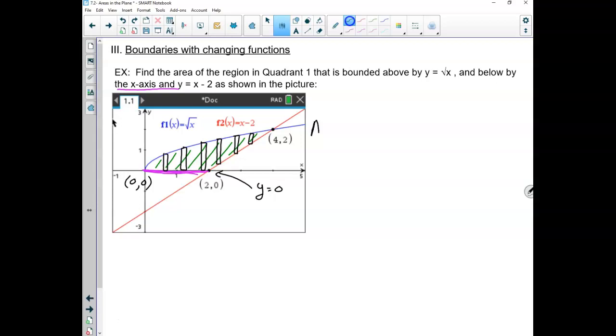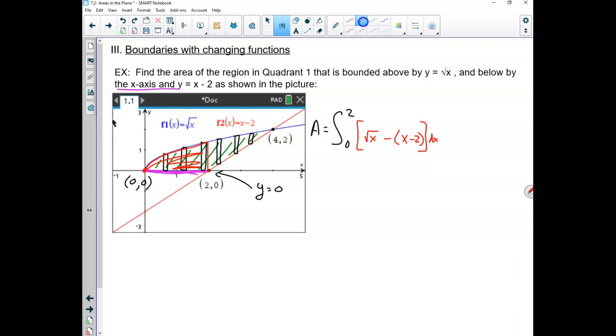So my area is actually going to equal the integral from 0 to 2. What I need to do is bound this area. I'm finding this area first, so I'm going from 0 to 2. And what I'm doing in there is going from my top curve, which is the square root of x, minus the bottom curve, which is x minus 2 dx.